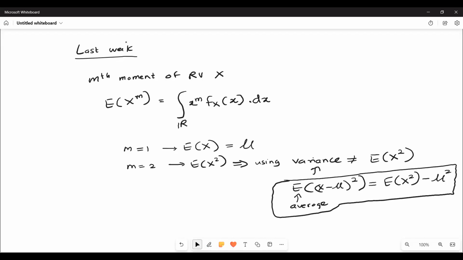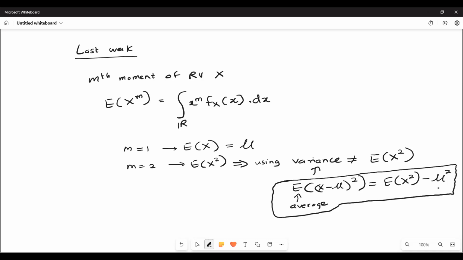If we want to find the variance, we can find E[x squared], the expectation of x squared, and then subtract the square of the mean value. By that, we get the variance of x.